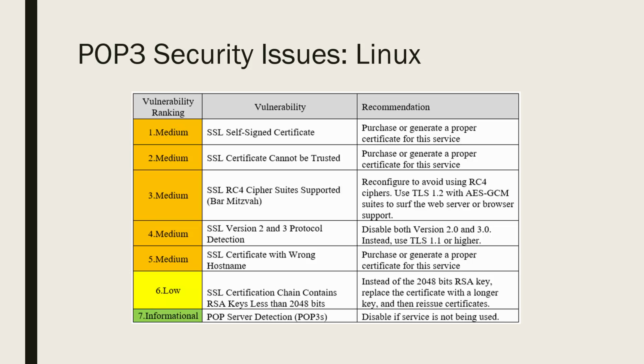If not, the certificate could be rejected by browsers or could even be revoked. So instead, you want to replace that certificate with a longer key and then go ahead and reissue certificates.